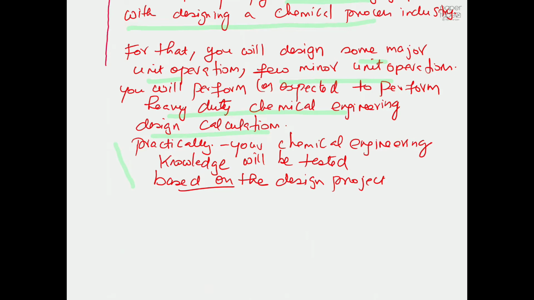So if you don't know the basics of chemical engineering unit operations, then you are going to have a big disadvantage in this module. But anyway, don't panic, because I'm going to show almost all the unit operations through this one big exercise. So you will learn it bit by bit. Even if you don't know, you still have time to learn it.